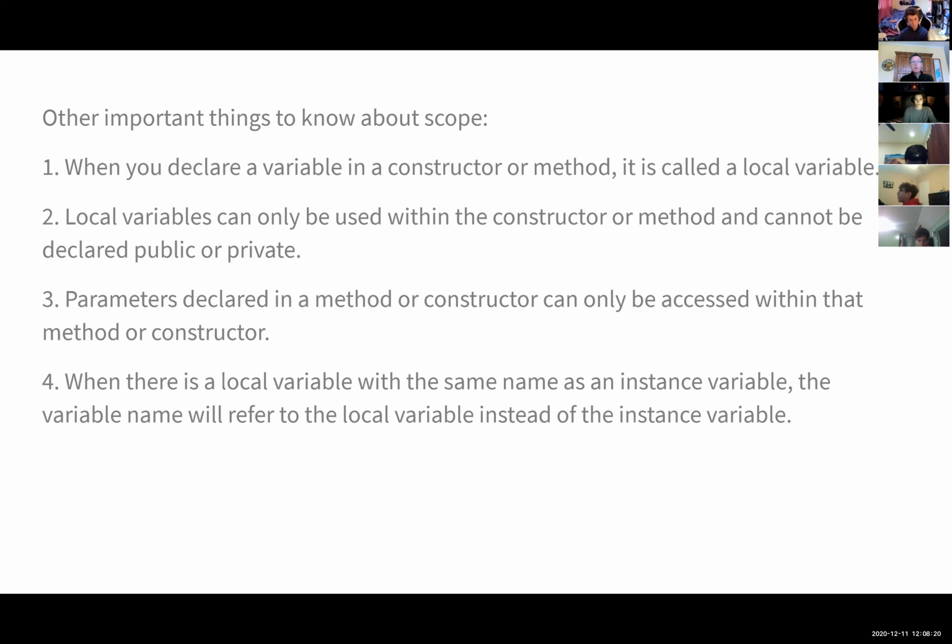Parameters declared in a method or a constructor can only be accessed within that method or constructor. And finally, when there's a local variable with the same name as an instance variable, the variable name will refer to the local variable instead of the instance variable. So don't worry, I've got examples for all these things.